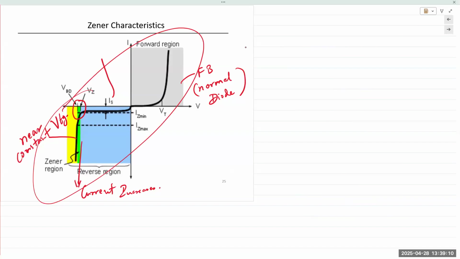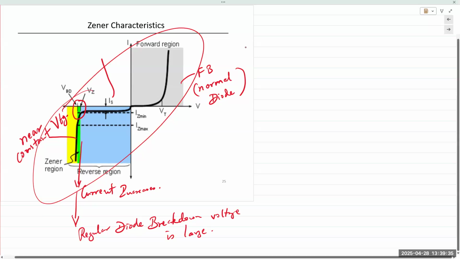It'll conduct in reverse bias also, but that breakdown voltage in a regular diode is quite large. In a Zener diode, again, for the normal Zener diodes that we use for electronic applications, it's somewhere between 15 to 20 volts.